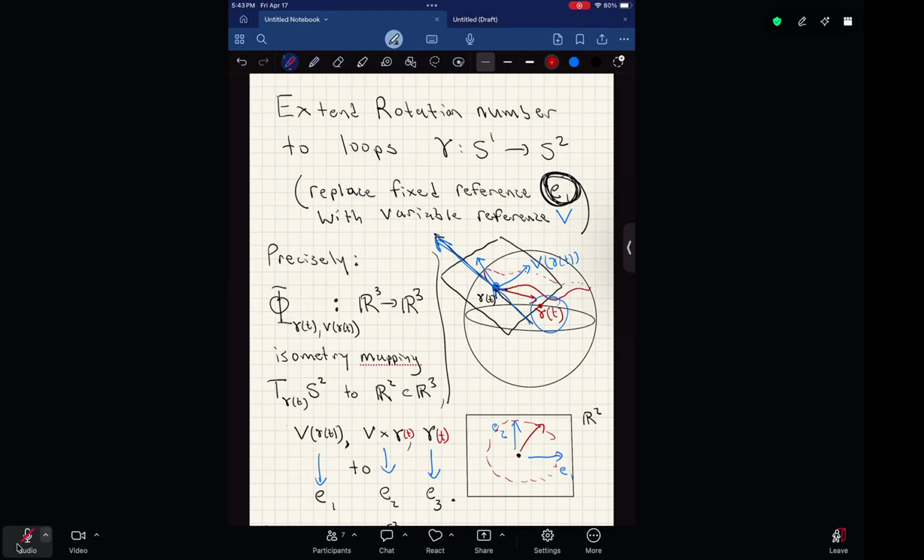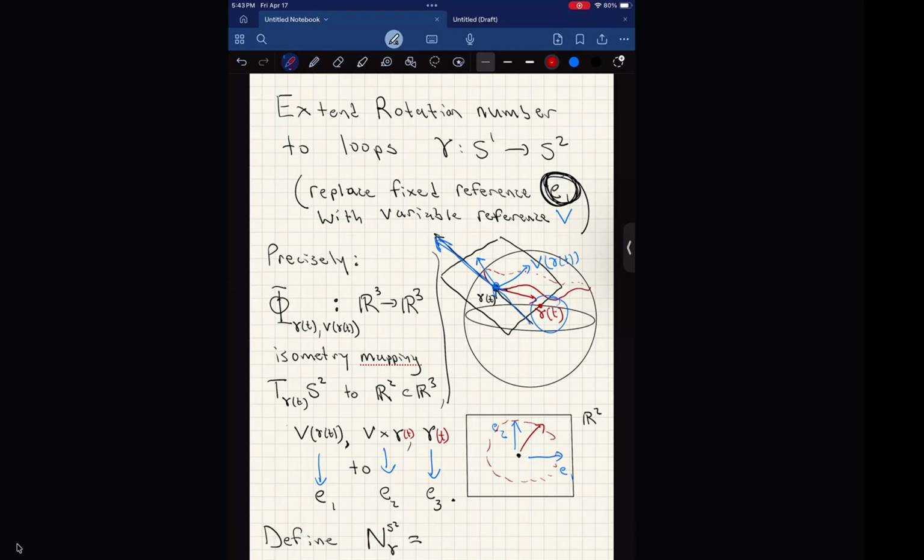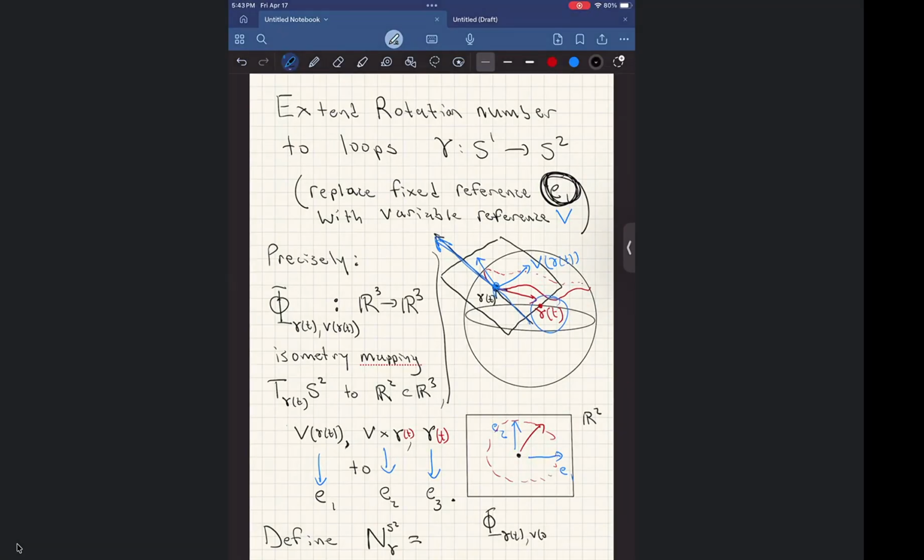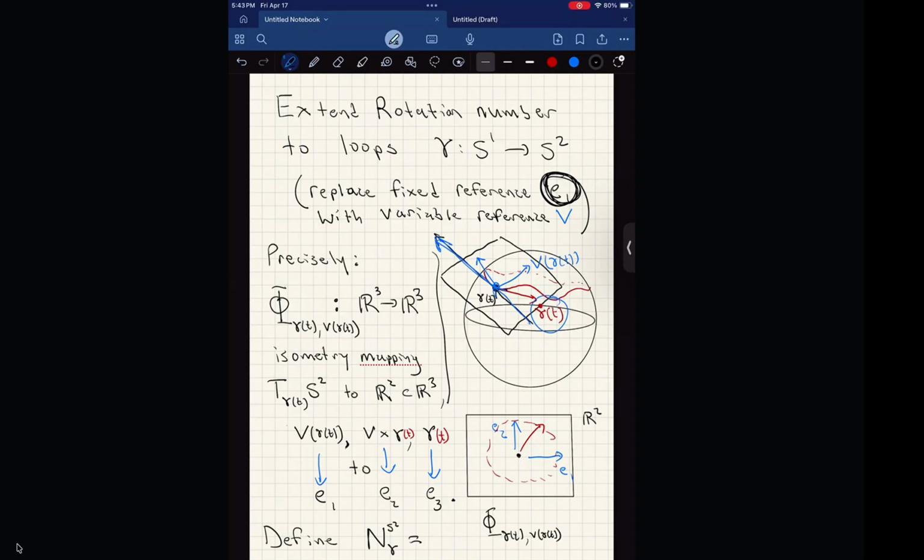So I can consider the curve phi gamma of t, v gamma of t, gamma dot. And this is now a map from S1 to S1, where this is a subset of R2.